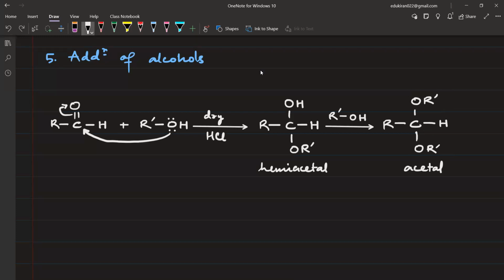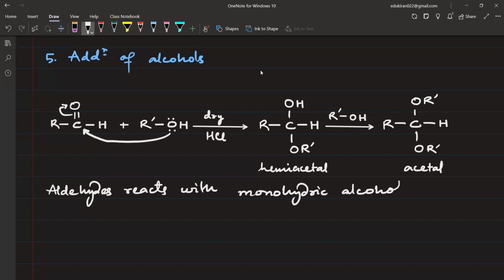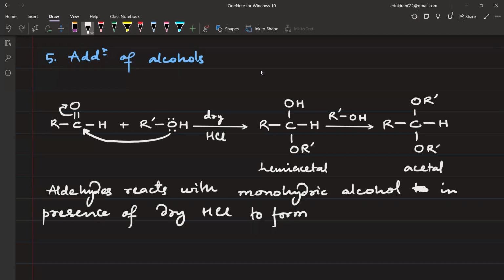So please write: aldehyde reacts with monohydric alcohol in the presence of dry HCl to form alkoxy alcohol.